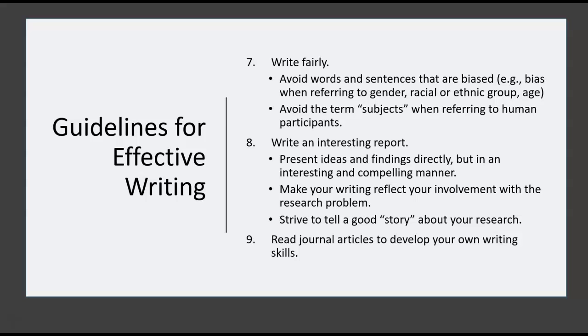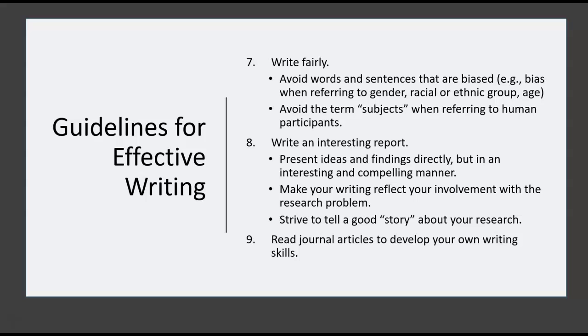Now, this set of guidelines goes beyond just the basic rules for good writing. APA style communicates this guideline that suggests that we need to, in the language that we use, avoid bias.